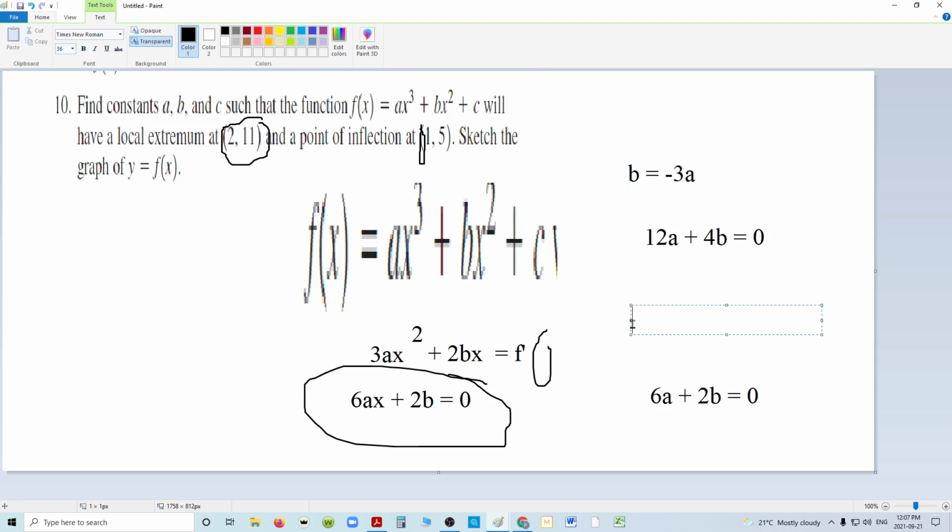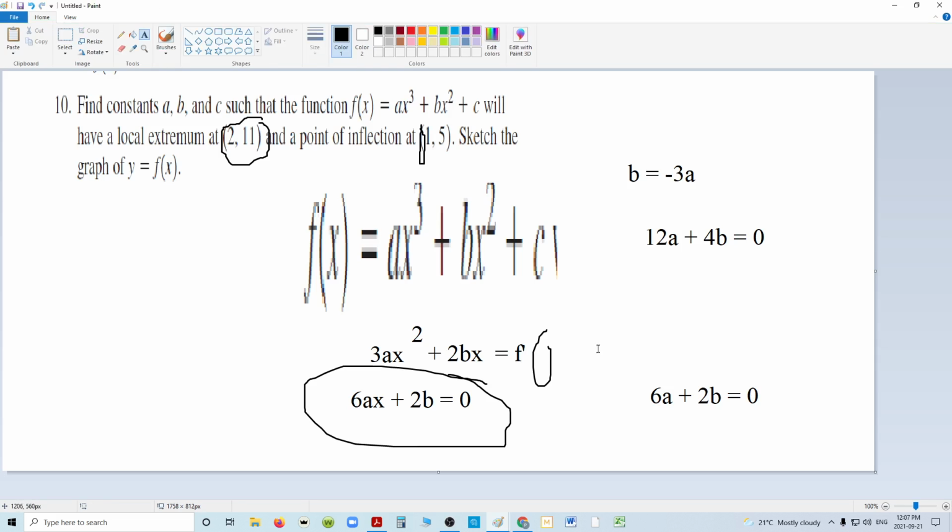If I go down here and rewrite b as 2 times negative 3a, I now get negative 6a. Well, that's not going to help me. So it's saying a is 0. No, that's not going to do it. 6a plus 2b is equal to 0. Yeah, the problem is they're both the same formulas.